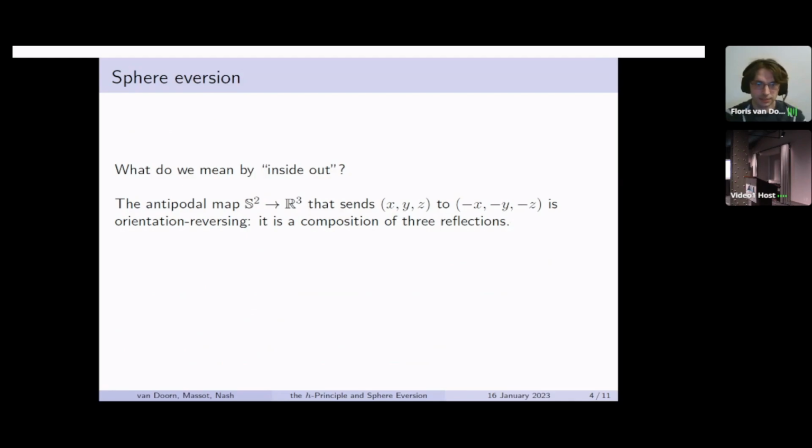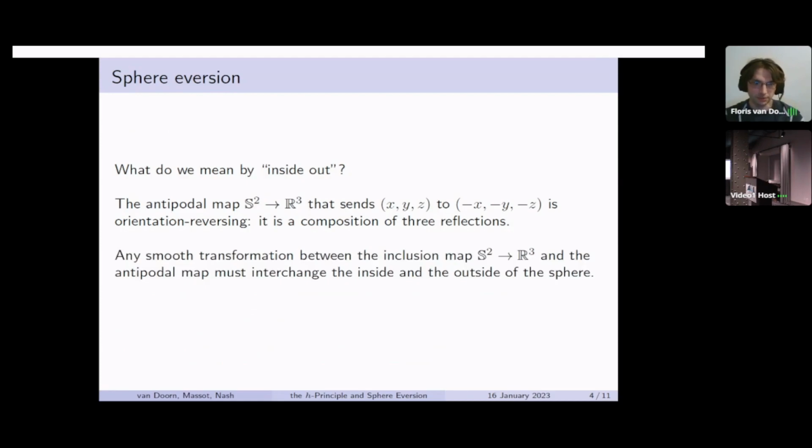And then it's a mathematical fact that if we start with the inclusion map, which is orientation preserving, and we end up in the antipodal map, which is orientation reversing, then such a transformation must interchange the inside and the outside of the sphere.